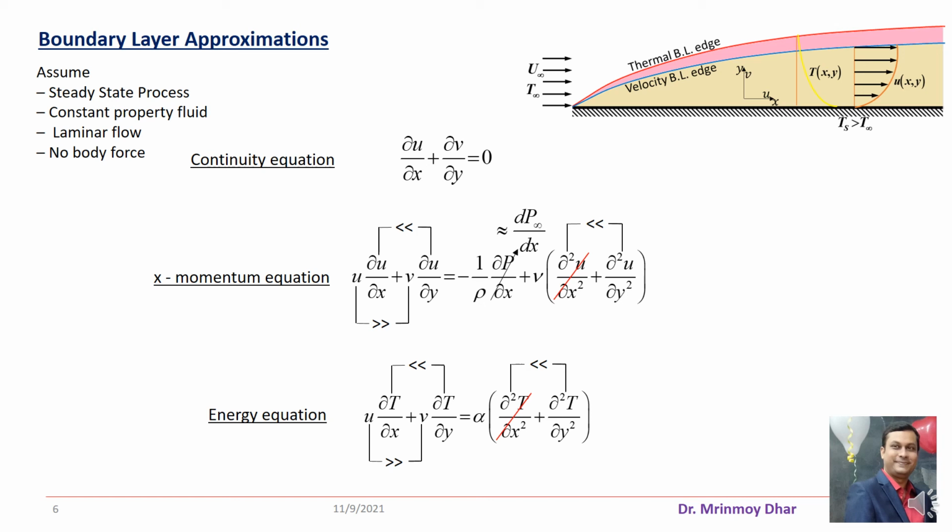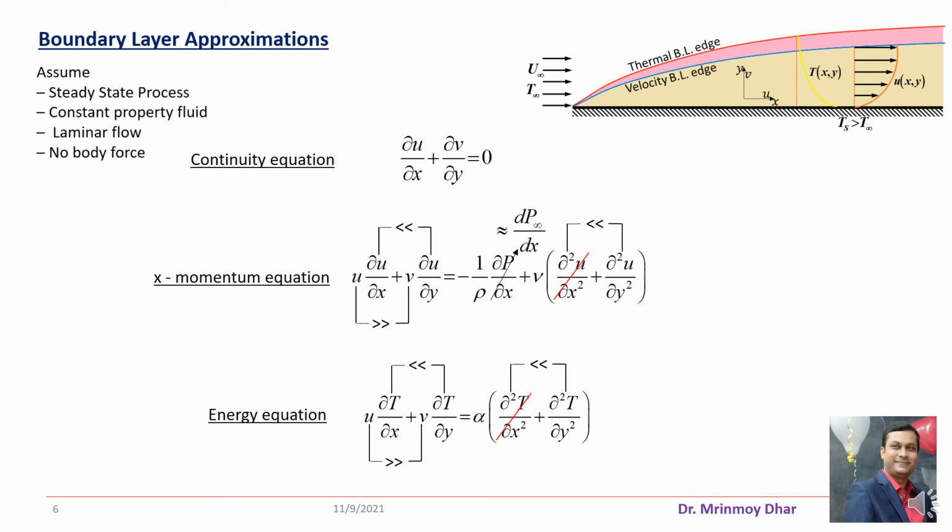Now look into the energy equation. Here we will simplify the right hand side terms of the energy equation. We have discussed that temperature will undergo a large variation within the boundary layer thickness. So del T del y is much higher than del T del x.